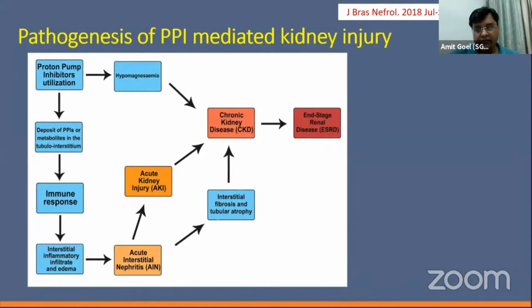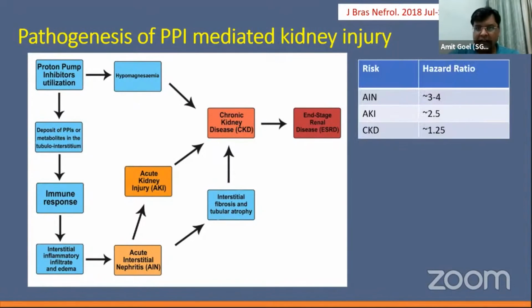If the onset is very fast or the nephritis is very intense, it can manifest in form of acute kidney injury, which can progress to chronic kidney disease, or gradually it can go through the stage of fibrosis, inflammation, and healing and lead to chronic kidney disease, which can end up in end-stage renal disease.